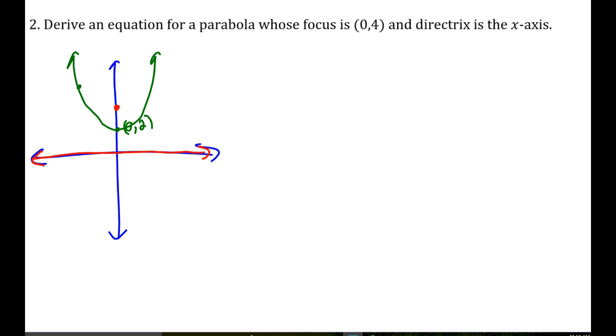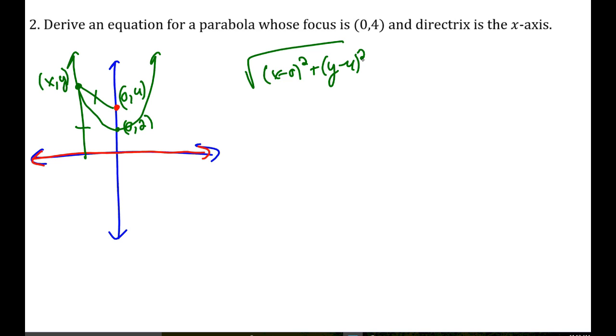That's just a sketch, so let's pick this point here, (x, y). That distance is congruent to that distance. So that's (0, 4). The distance between those 2 points, the square root of (x minus 0) squared plus (y minus 4) squared, is equal to this distance.